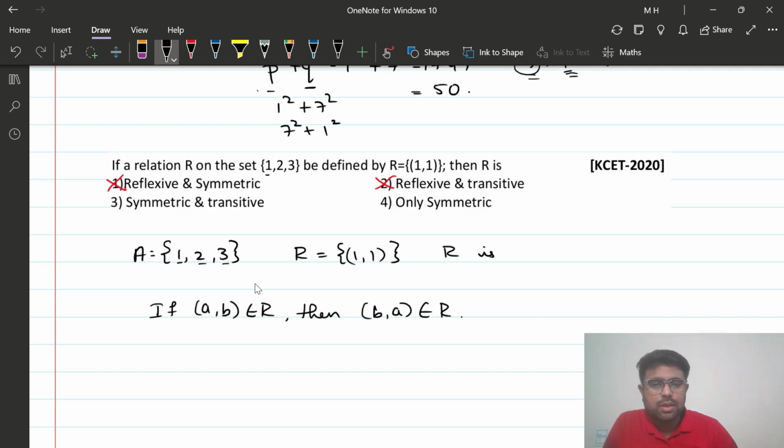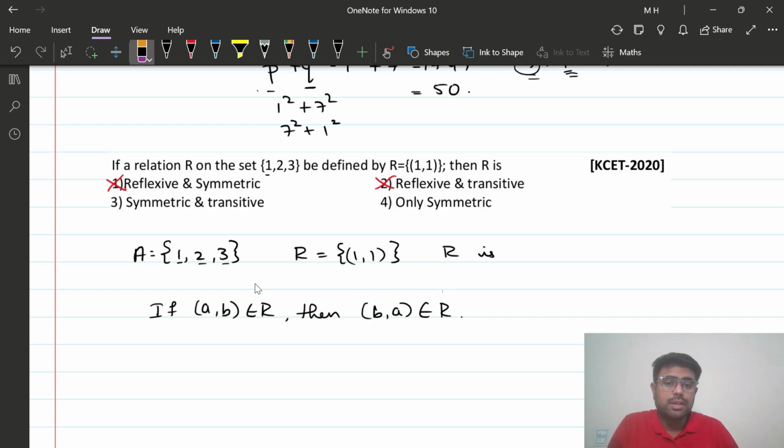Now here you can see only (1, 1) is there in R. If I reverse the position of 1 and 1, again I get (1, 1). So if I call this A and this B, then AB is there, BA is also there. Therefore it is a symmetric relation.